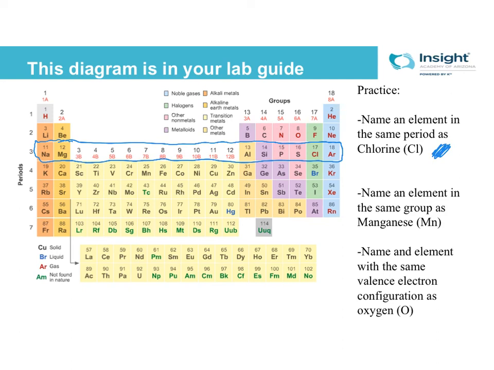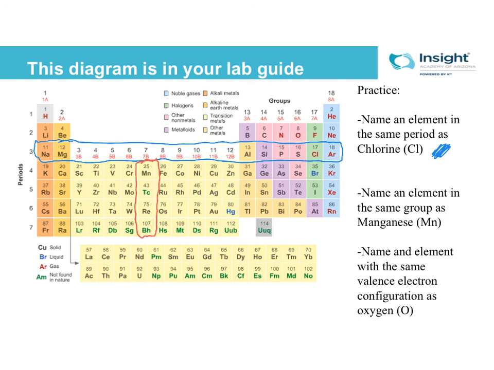Name an element in the same group as manganese. First thing you've got to do is find manganese, and then go into your group. It'd be any of these: technetium, rhenium, bohrium. Then, name an element with the same valence electron configuration as oxygen.